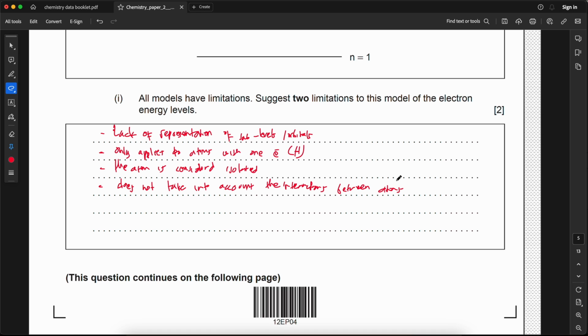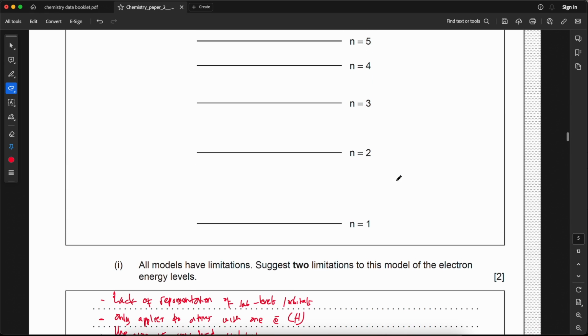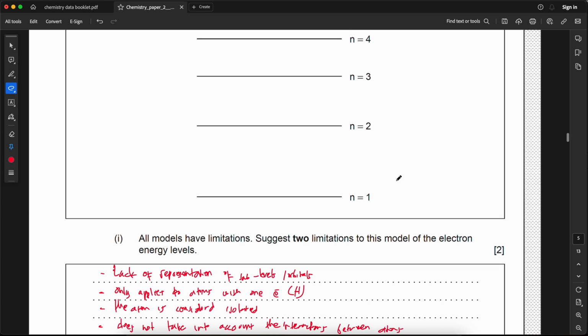In reality, electrons occupy orbitals within an energy level, each with different shapes which affect electron behavior and interaction. Okay, that has different energy levels, but here, as you can see, we don't have different energy levels with different types of orbitals. And then, only applies to atoms with one electron.